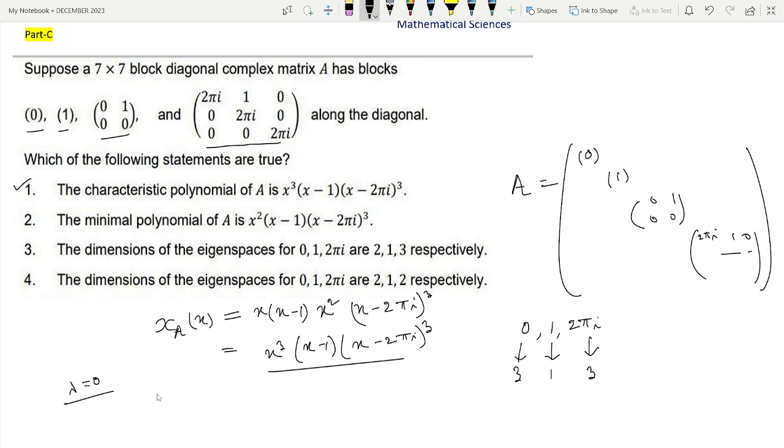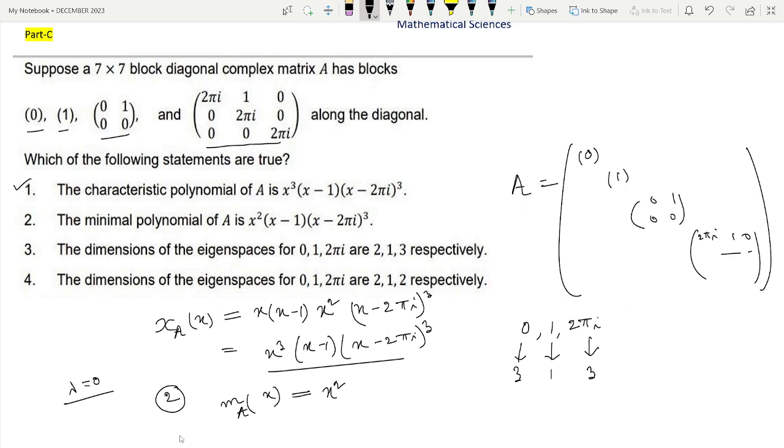So since the size of the largest block is 2, in the minimal polynomial of A, 0 appears 2 times. The multiplicity as a root in the minimal polynomial is equal to the size of the largest block corresponding to that eigenvalue. So since it is 2, x square appears as a factor in the minimal polynomial.